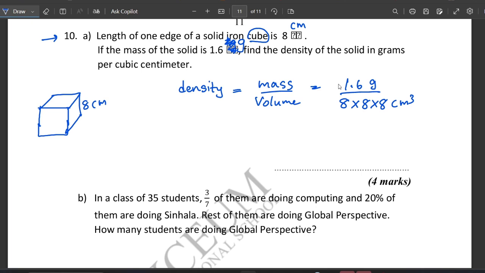With the answer, let's think of this as kilograms. Then to get the grams, I have to get 1600. And it's 3.125 grams per cubic centimeter.